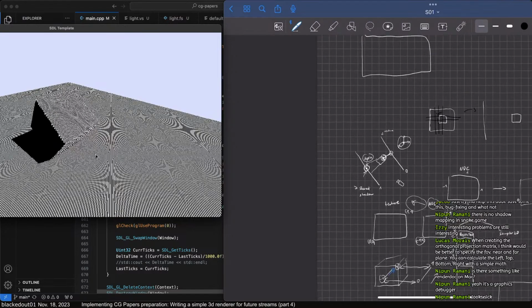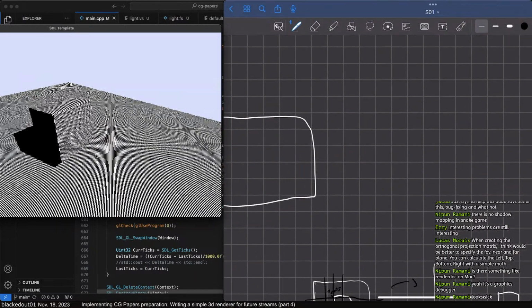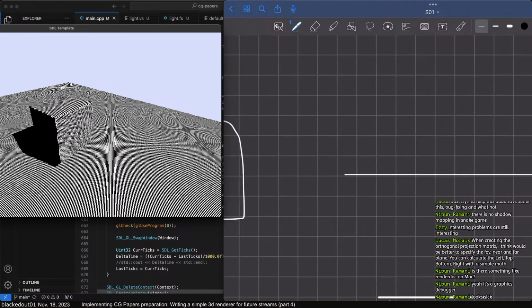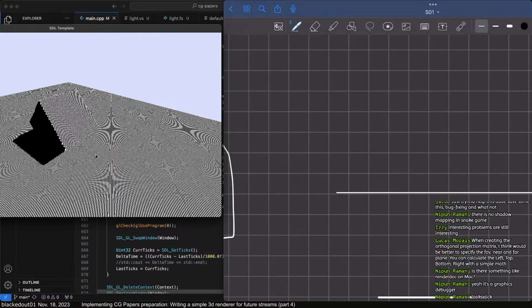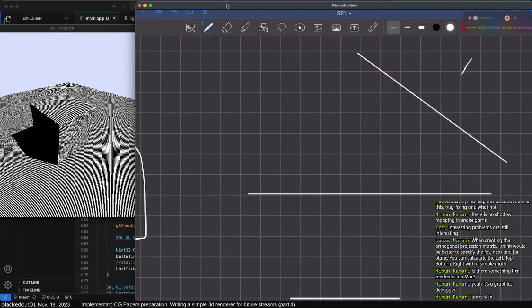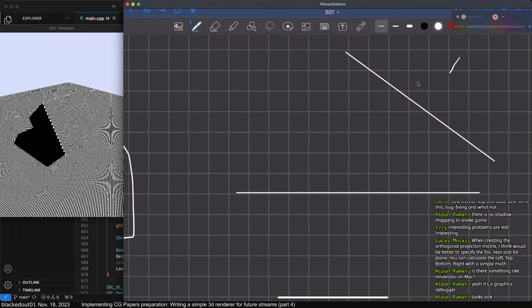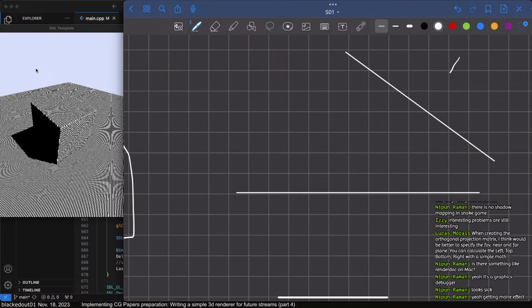Well, let me draw what's happening. So basically, we have our ground, and now we render this ground into this texture here. We look from this direction here. Yeah, true, you can see that in the stream. Interesting.